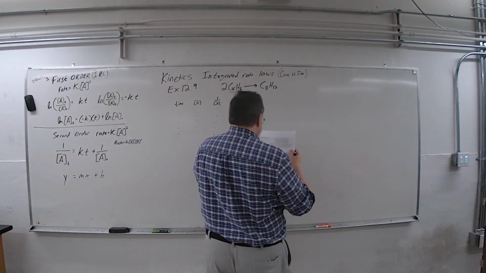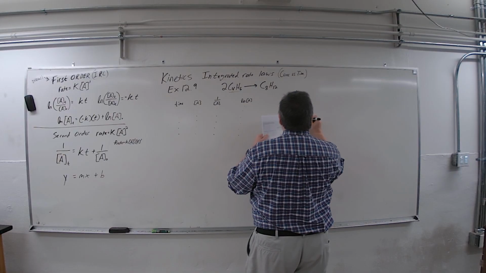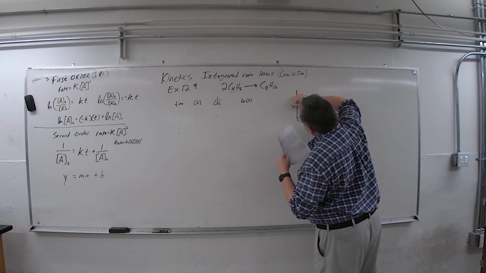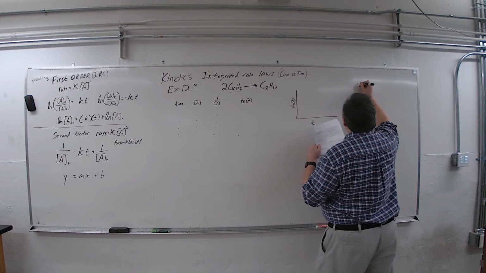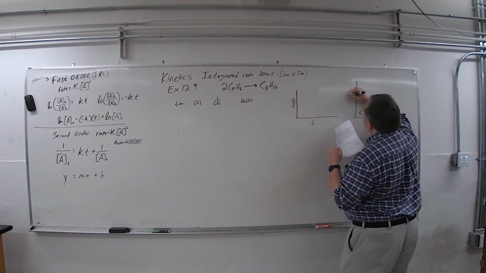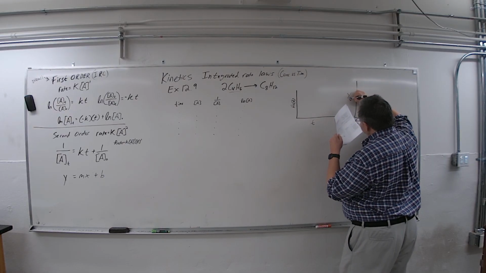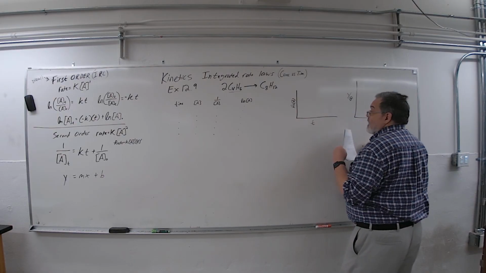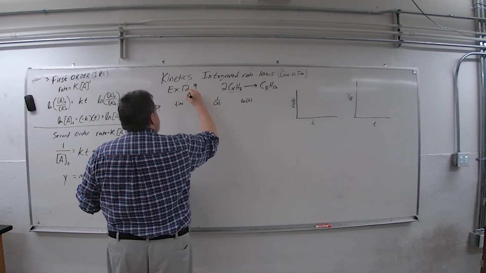I don't know why I use the same one, but basically what you get is here. So we haven't graphed a second order with this yet. Time. We already know this is second order.